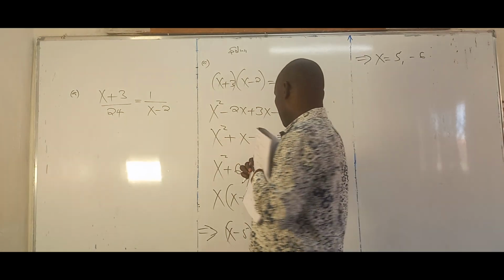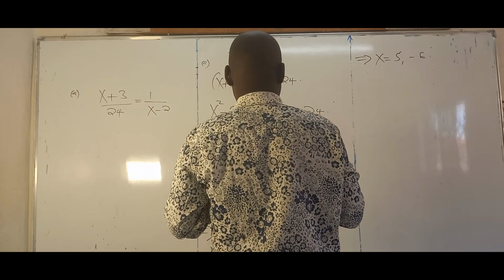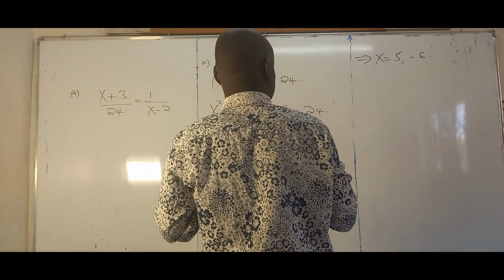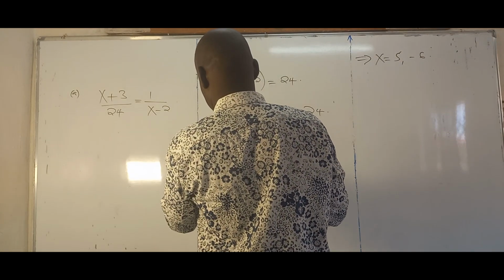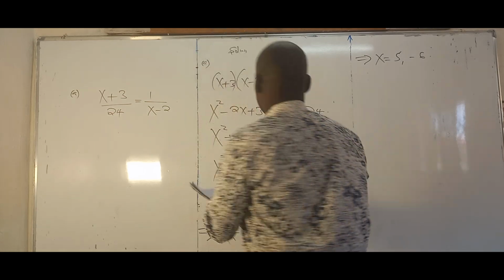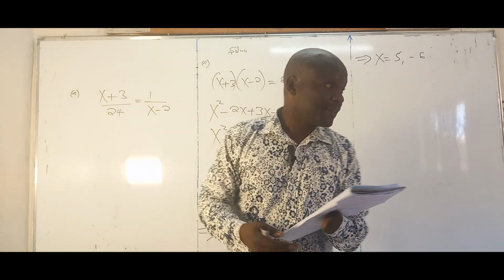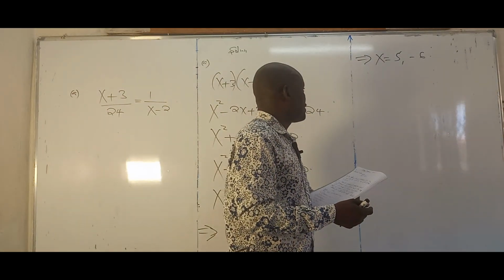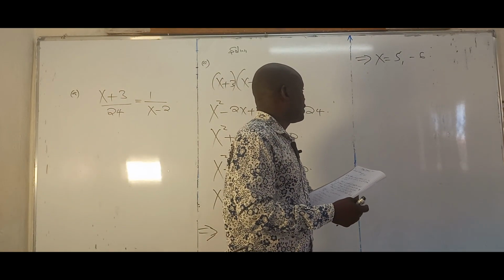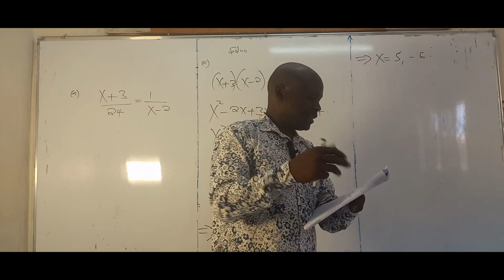Those are the two values of x. That becomes part A. So if it were length, then we would take 5 because distance cannot be negative. But let's move on.